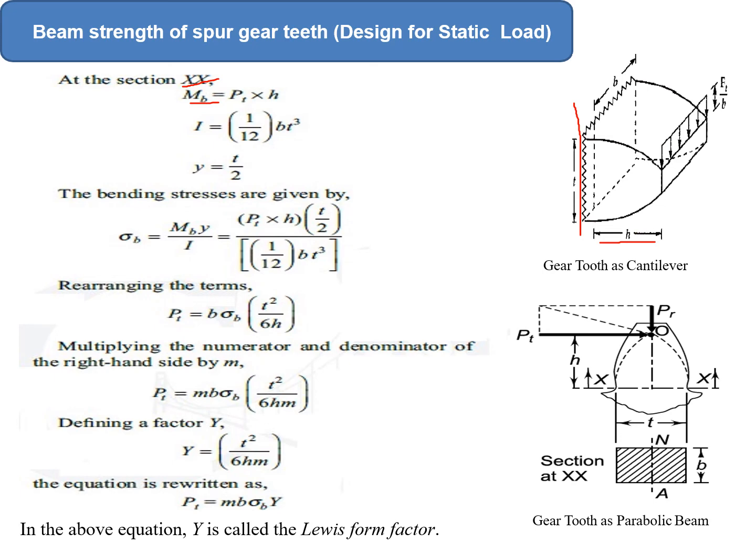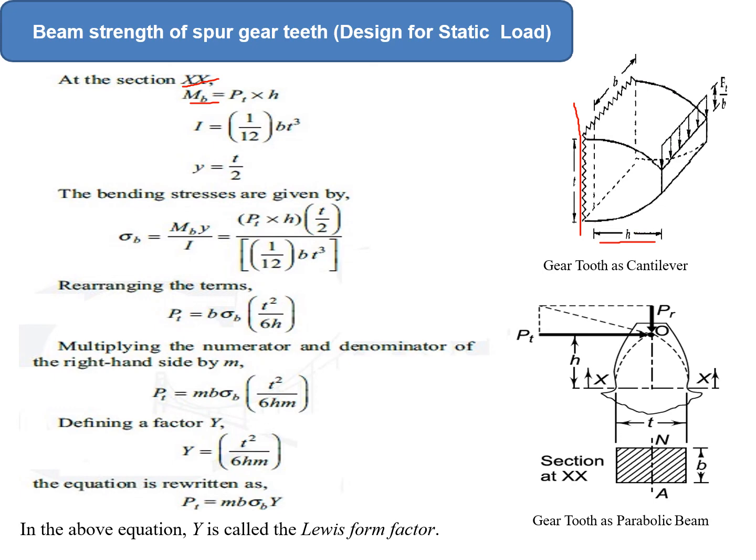Now I, the moment of inertia along the XX section, is given by BT cube by 12, and Y is the distance from the neutral axis, so it is given by T by 2.